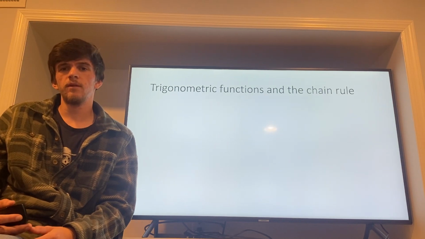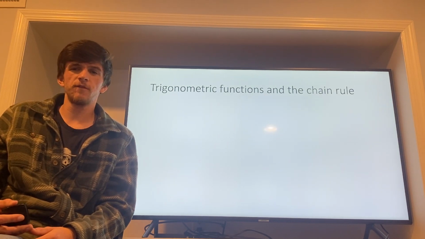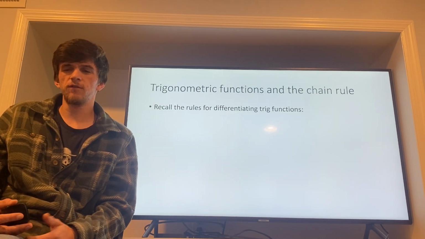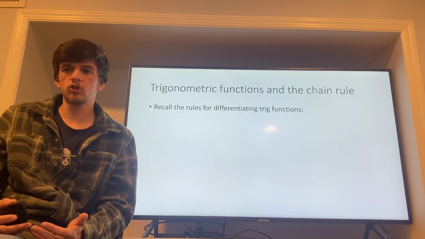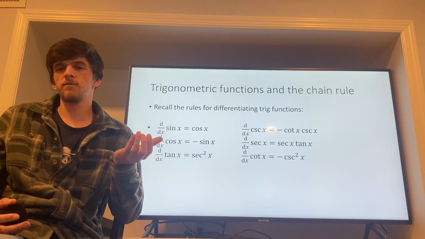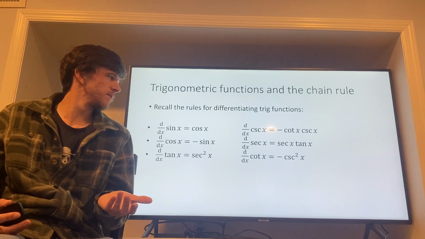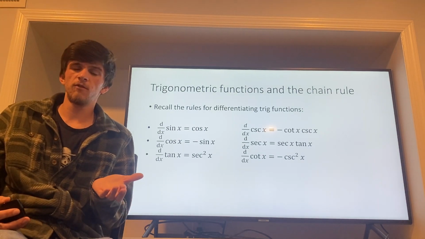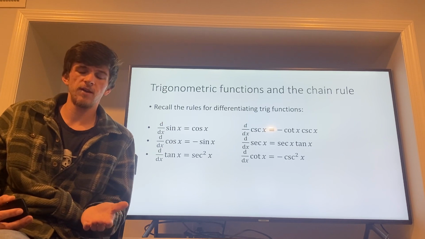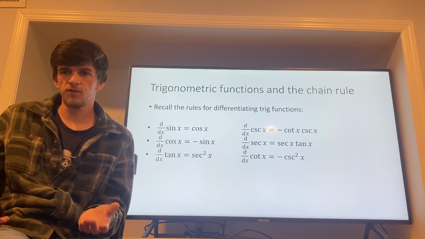All right, now we need to talk about trigonometric functions and the chain rule. So if you'll recall the rules for differentiating trigonometric functions, we know that the derivative with respect to x of the sine of x is going to be equal to the cosine of x. The derivative with respect to x of the cosine of x is going to be negative sine x, and so on and so forth.